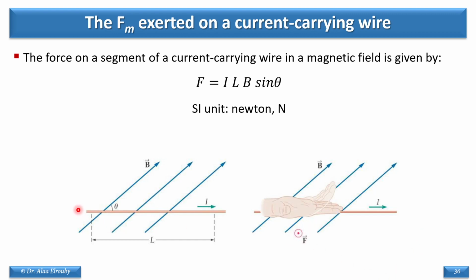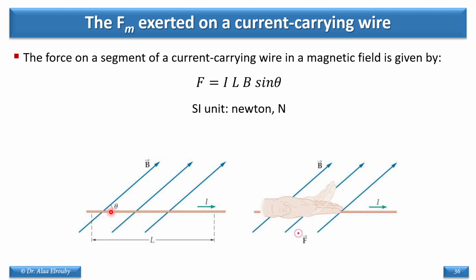So if we have a current carrying wire exposed to a magnetic field, if the magnetic field is making an angle theta with the current, we need to calculate the force.